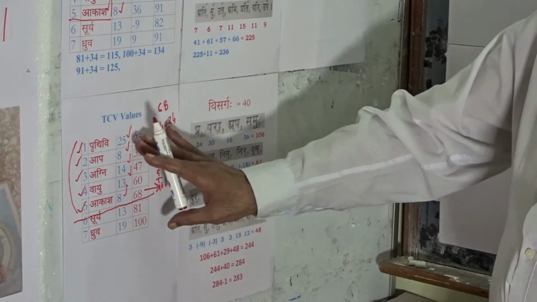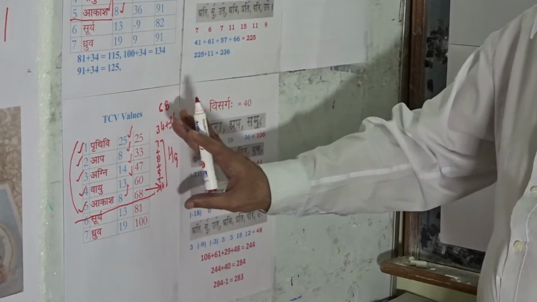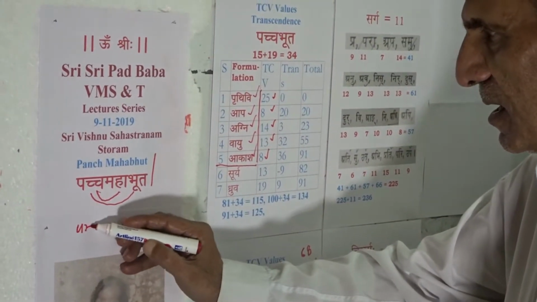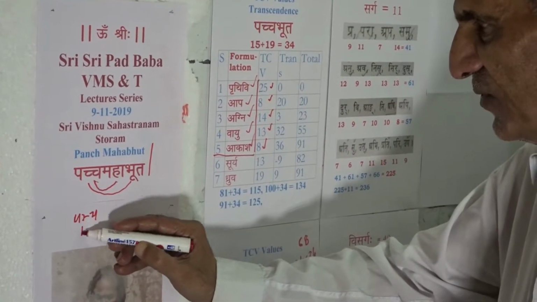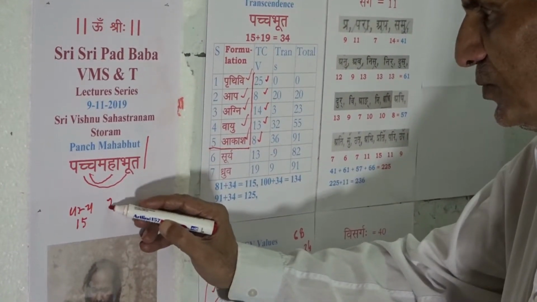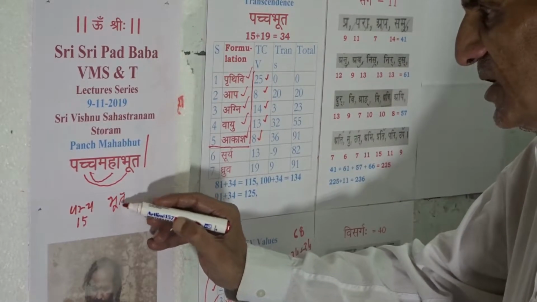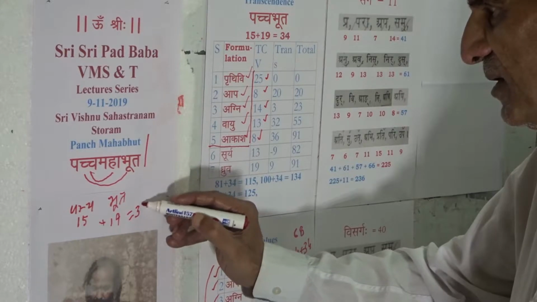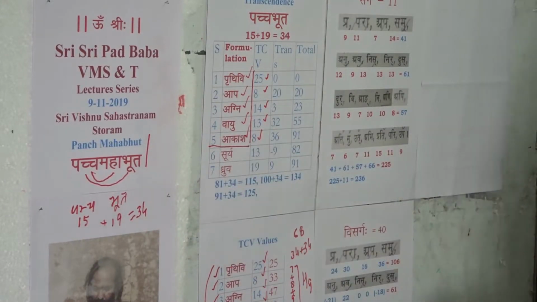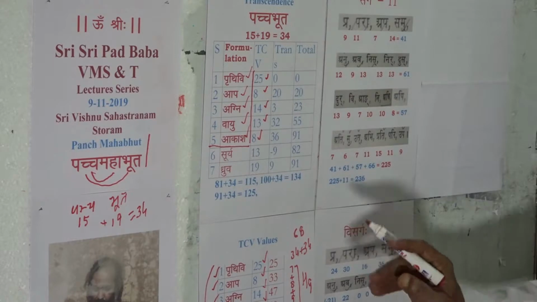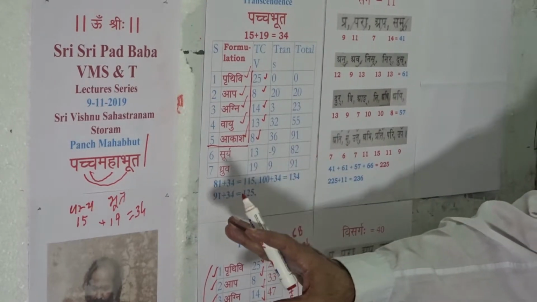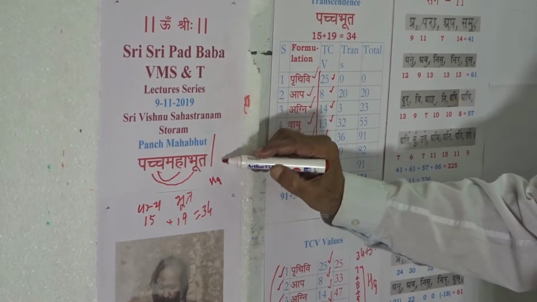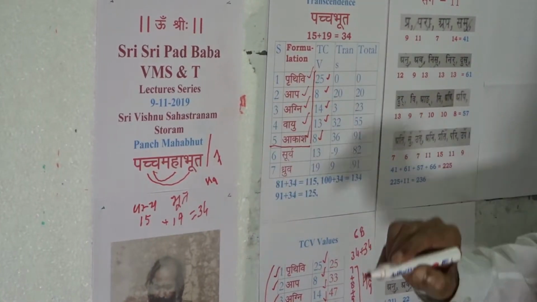These Panchbhut formulations, we know the value Panch is leading to TC value 15 and value Bhut is of TC value 19, making it a summation value 34. These formulations value 34 or is a value of hypercube 9 with 7 space in the role of a dimension.